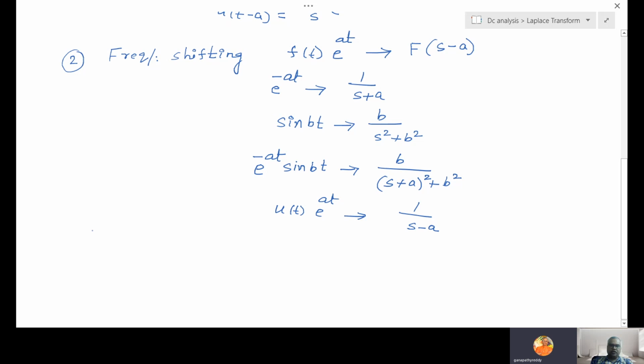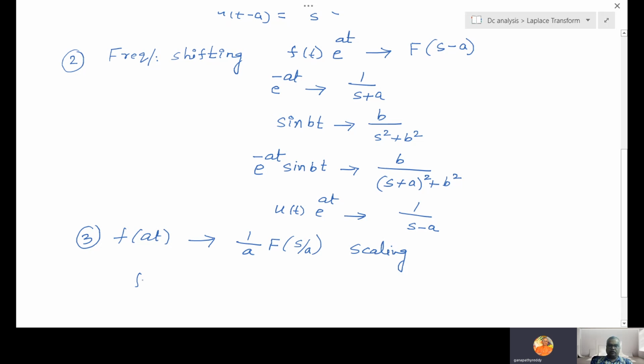Third one is the scaling property. f of at transform is 1 by a F of s by a. This is called the scaling property.